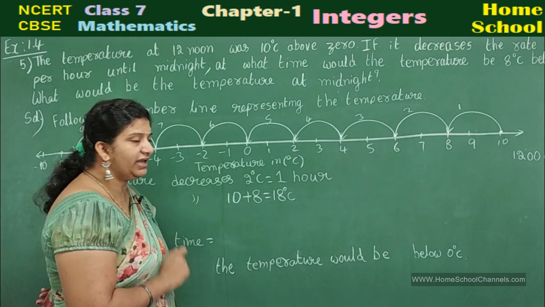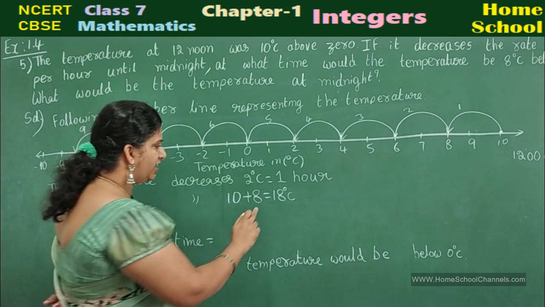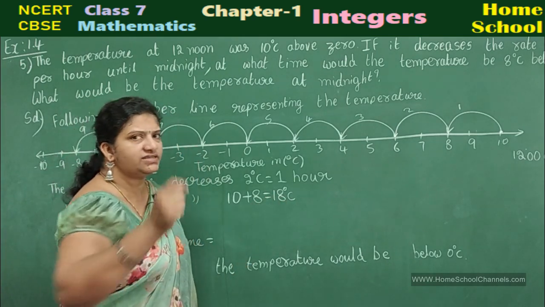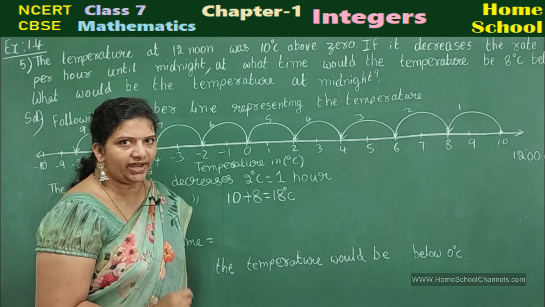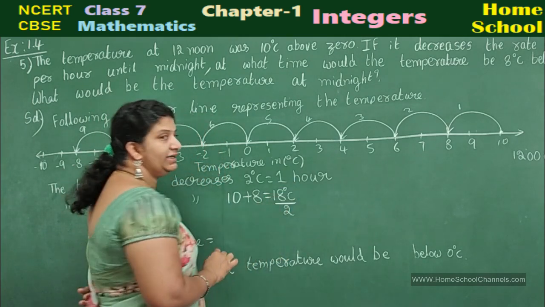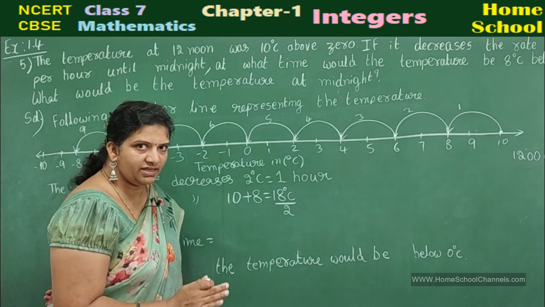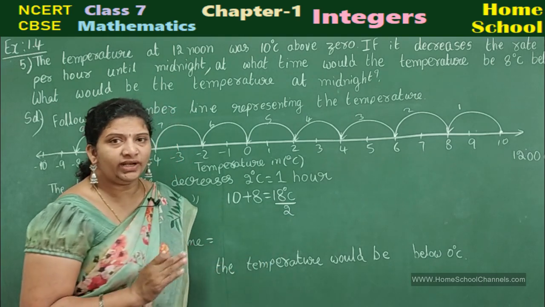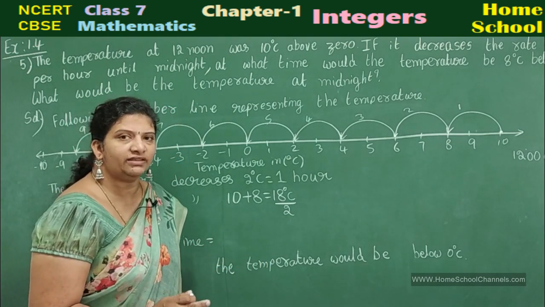So how can we convert this? Say here 18 degrees Celsius. Every 2 degrees Celsius decreases for 1 hour, right? So if we divide by 2, you can get the time. Understand here? If you divide this by 2 degrees Celsius, you are going to get the time.